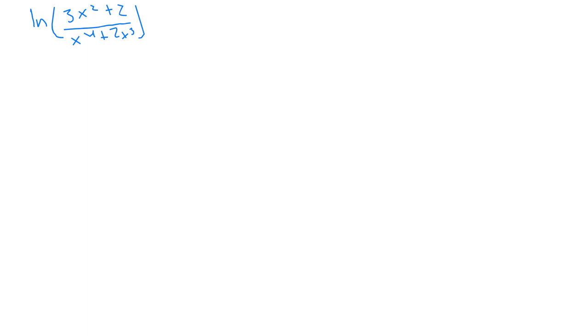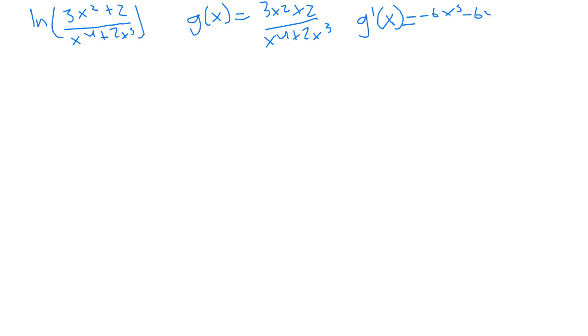And we already established that our g of x is 3x squared plus 2 over x to the 4th plus 2x cubed. And then our g prime of x was negative 6x to the 5th minus 6x to the 4th minus 8x cubed minus 12x squared over x to the 4th plus 2x cubed squared.